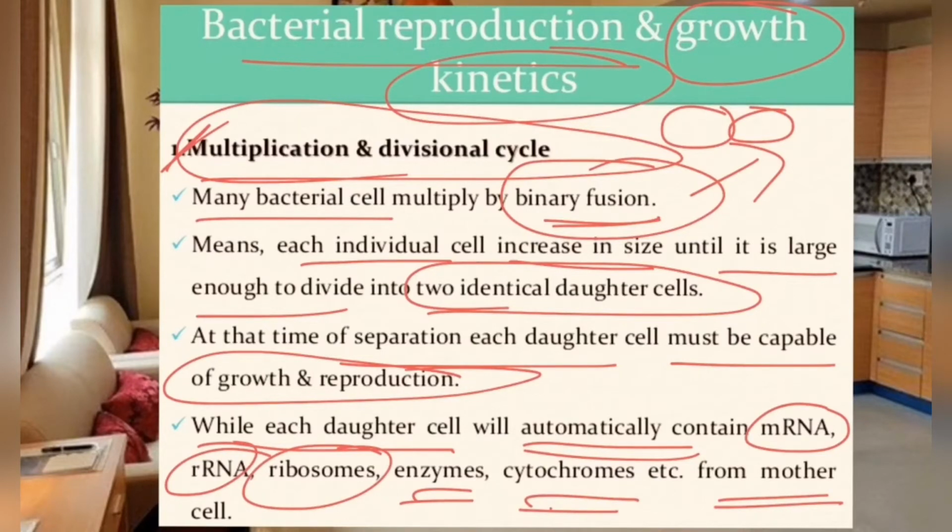That means all the cells going through the binary fission division process need to collect all the information required for the capability of growth and reproduction in the next generations of bacterial cells. So this is one of the major steps all cells need during binary fission.